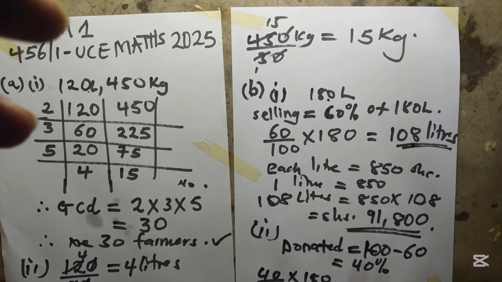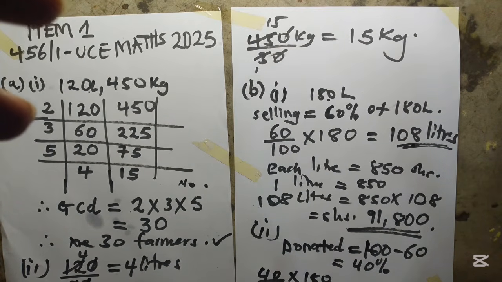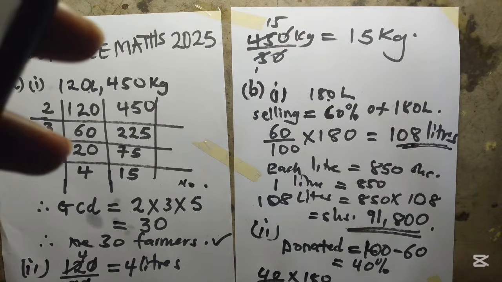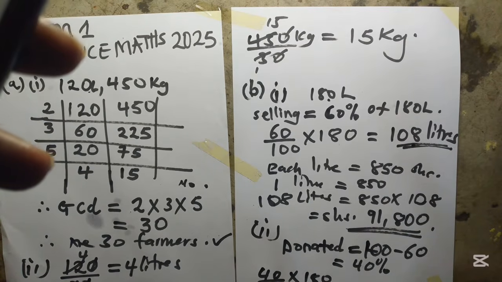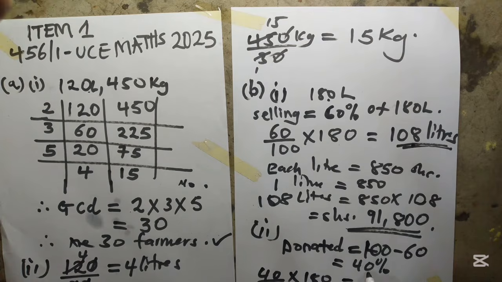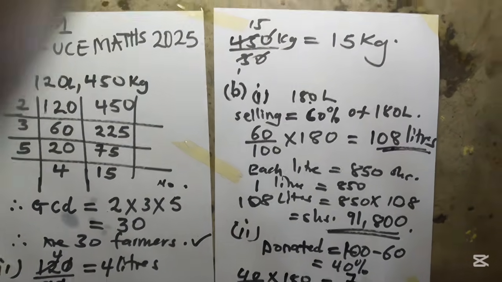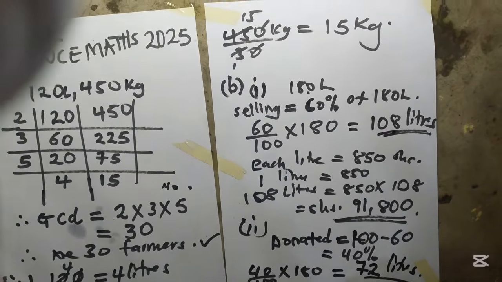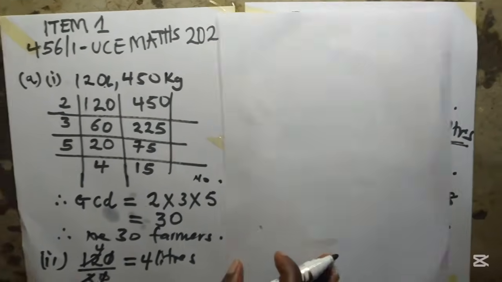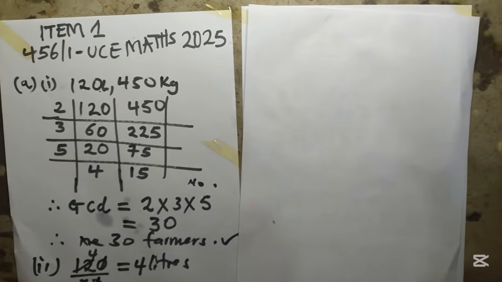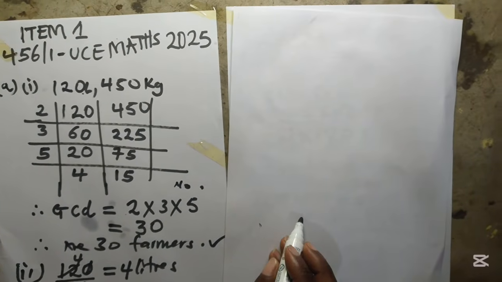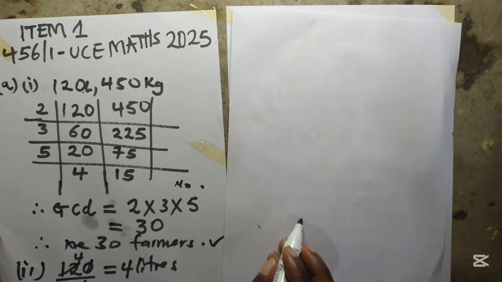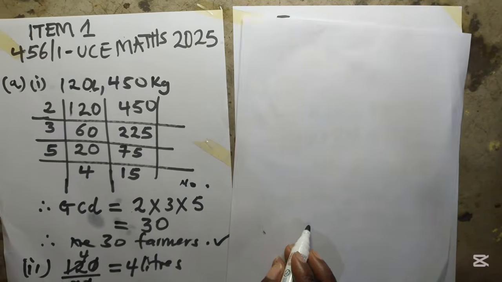Don't forget that we are just getting the percentage of what he donated actually. Then after we shall get the fraction of that according to the question. So 40% of 180, you get 72 liters. Now out of the 72 liters, they said he donates 1/5 of the remaining milk.